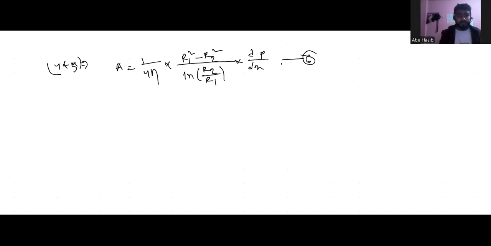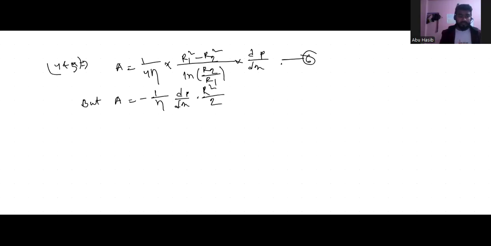But what is a? a is equal to minus 1 by eta d/dx of p r squared divided by 2.